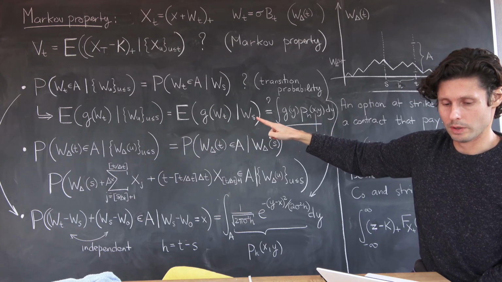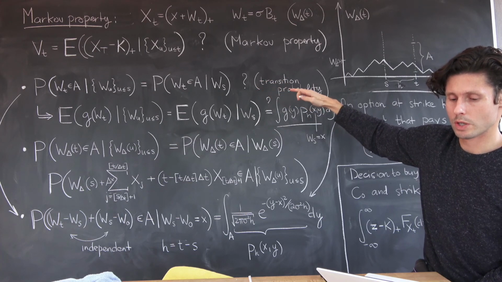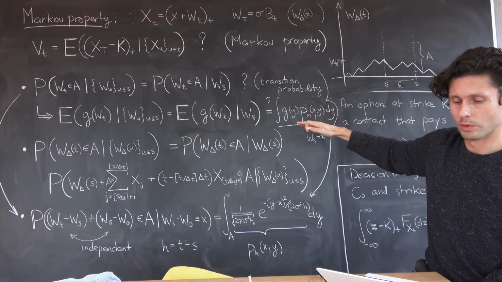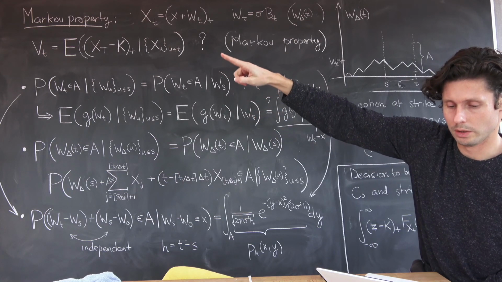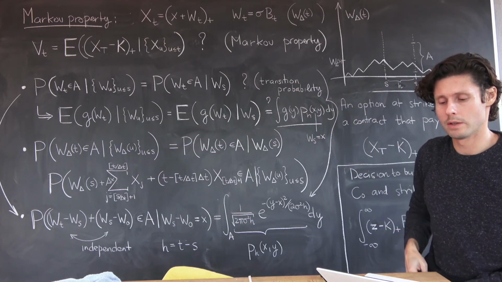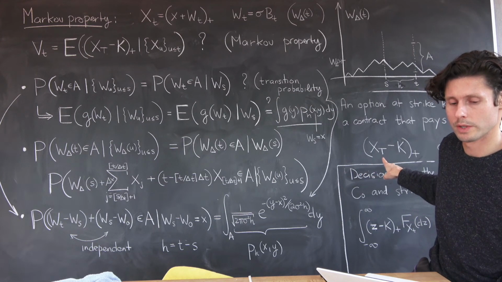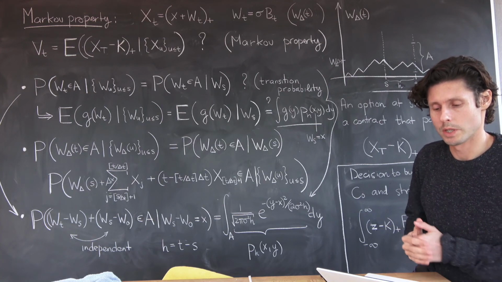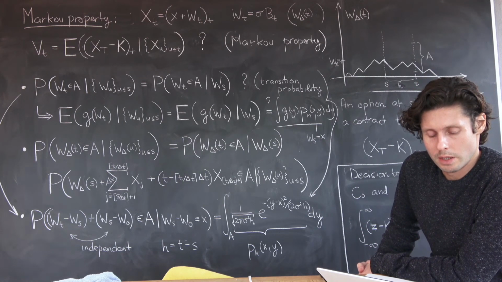So you can see that with the Markov property and with these transition probabilities that we're going to talk about, you get access to these kinds of calculations, and in particular you can try to find out the value of your option at any time before maturity. So little t there is smaller than T, and then you can make some decisions to potentially offset some of the risk that you're facing.